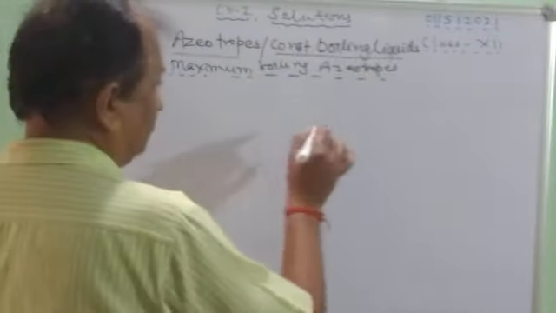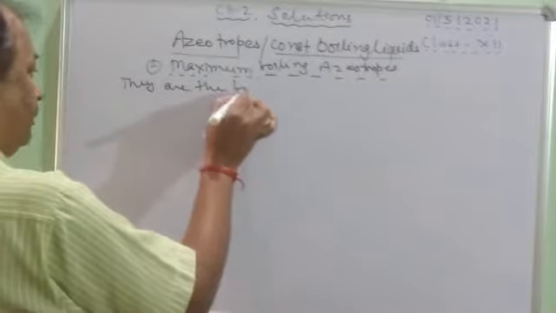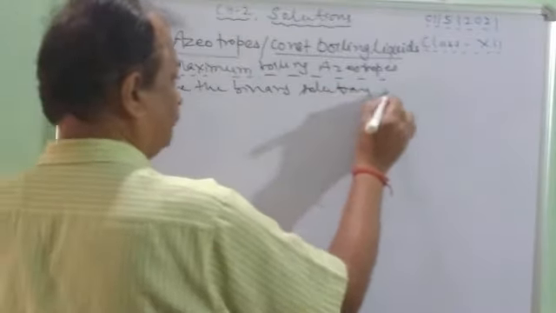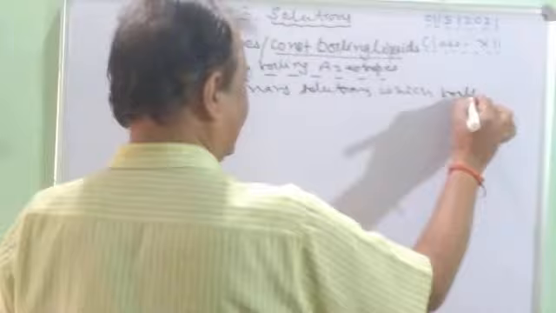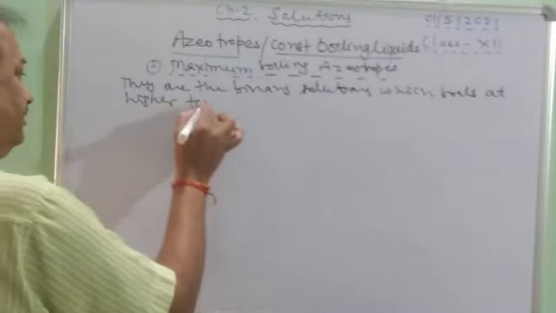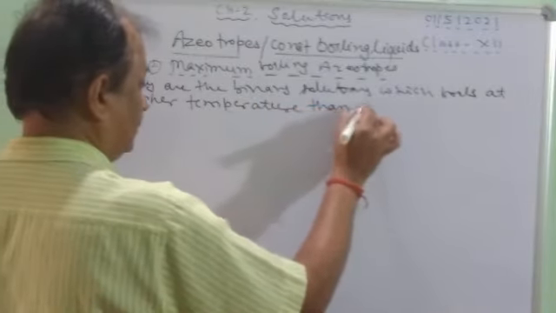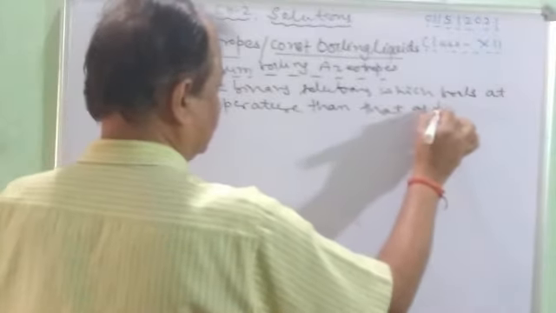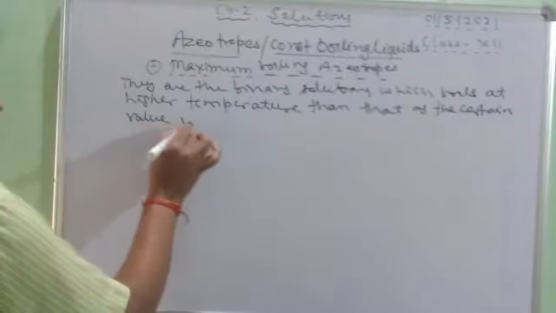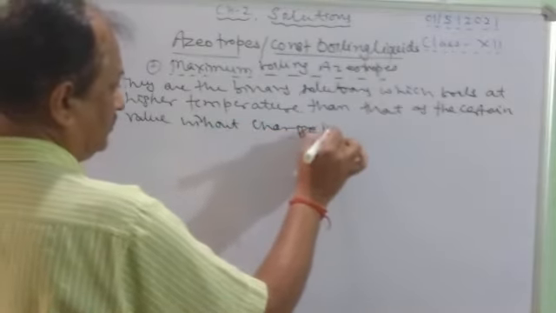Maximum boiling azeotropes are binary solutions which boil at a higher temperature than a certain value without change in composition.